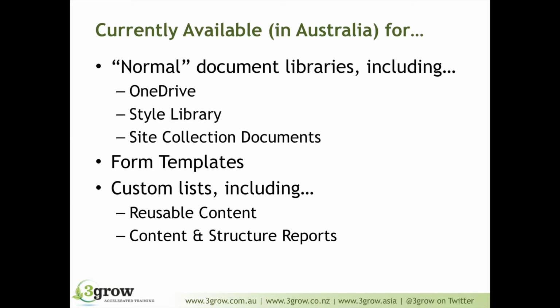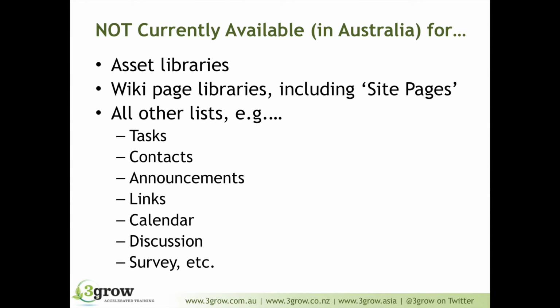Any other standard out-of-the-box lists and libraries, such as asset libraries and wiki page libraries, which includes the site pages library of a team site, and all other list templates, so tasks, contacts, announcements, links, calendar, discussions and surveys, etc. Certainly as far as Australia is concerned, at the point of creating this video, none of those list or library templates have that new interface available.